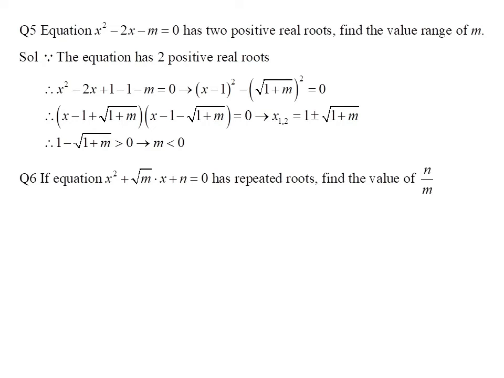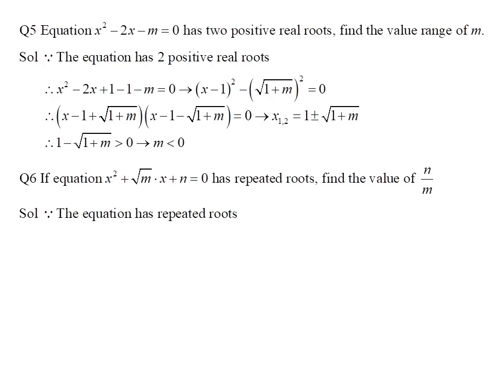Question 6 is a quadratic equation with two parameters m and n. It asks us to find the ratio of n over m given the criterion that this quadratic equation has repeated roots. Since it gives the information about the roots of this equation, we need to start with the discriminant.